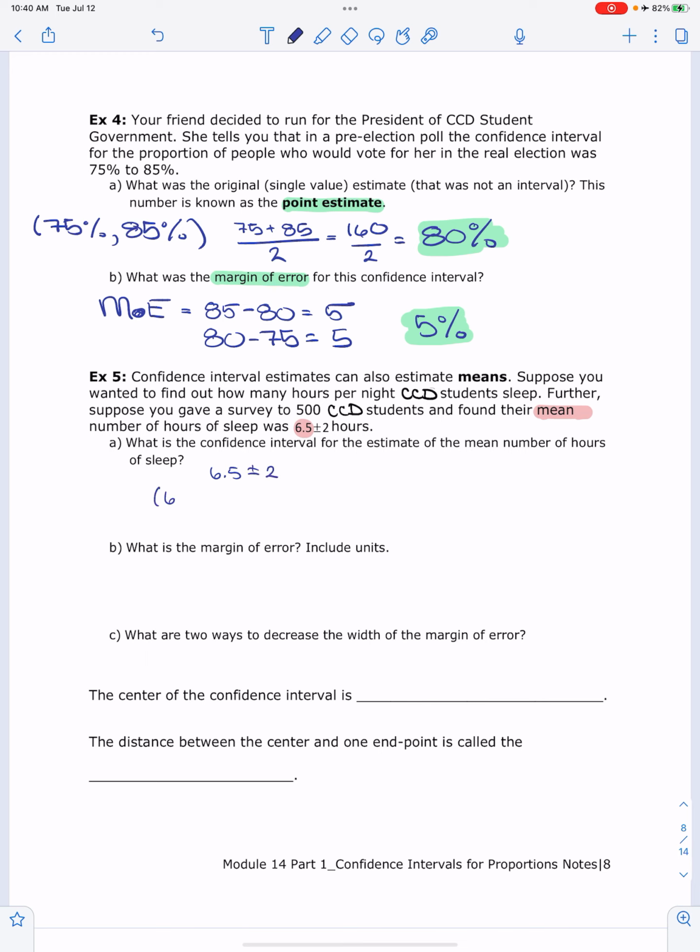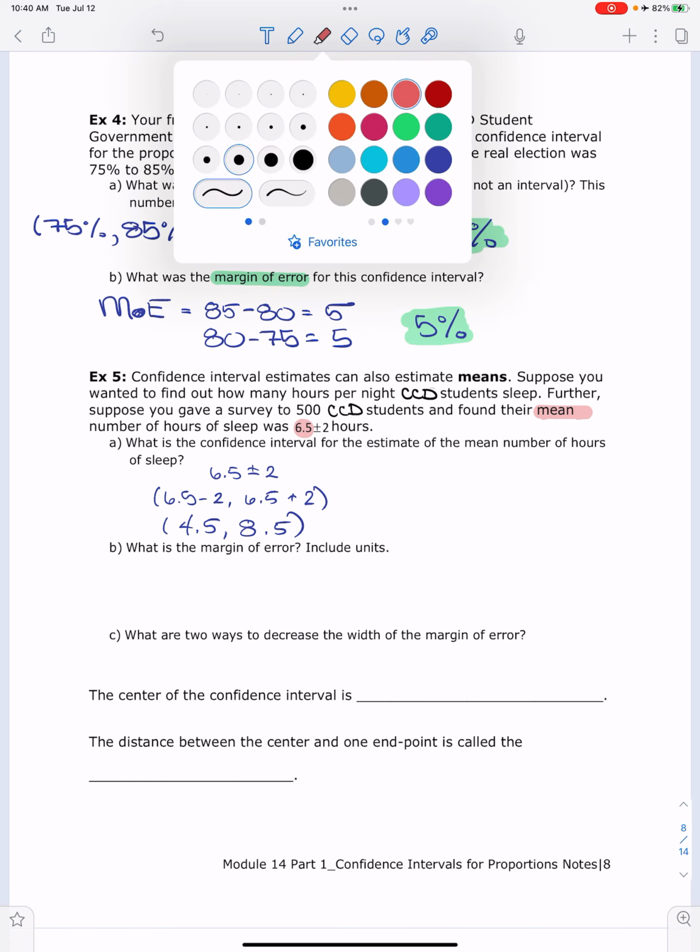I'm going to do the exact same thing I did when I was working with proportions. My point estimate, the 6.5, minus the margin of error, and then my point estimate, the 6.5, plus our margin of error, I get a confidence interval of 4.5 to 8.5.